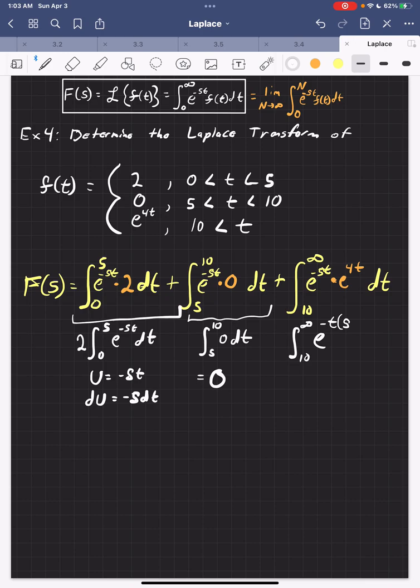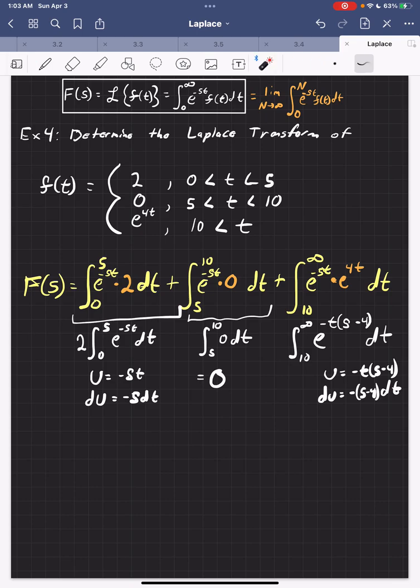If I factor out a negative, that's going to be a positive s, and then minus 4. That's not bad, that's just back to u substitution. So u can be negative t times s minus 4, and du would just be negative s minus 4 dt.